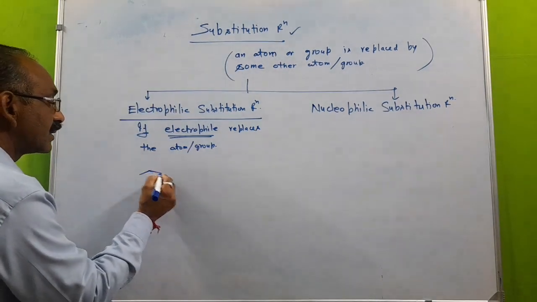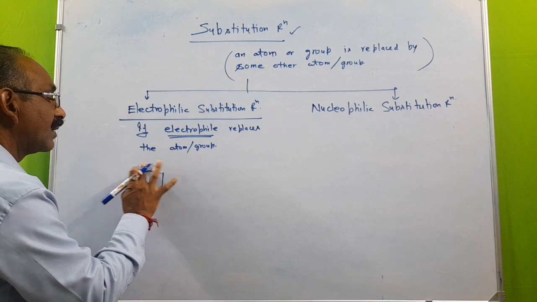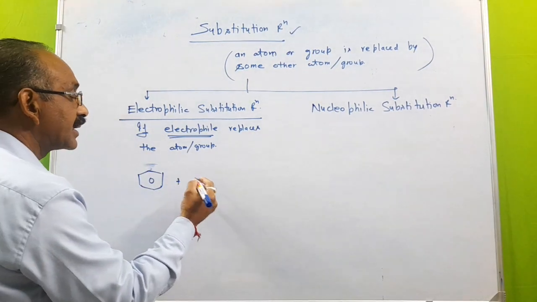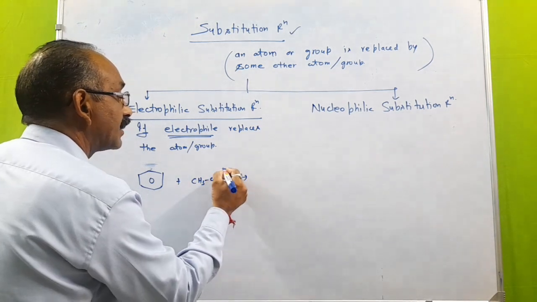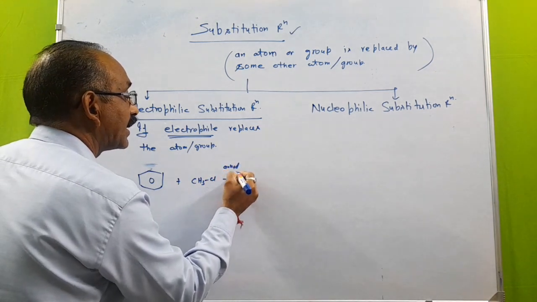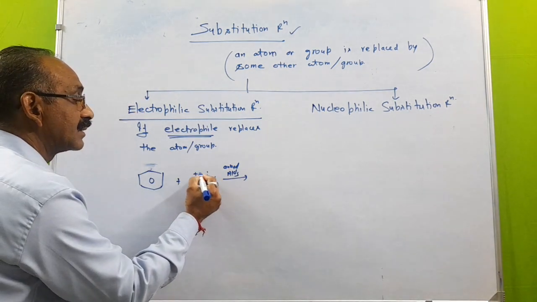See, here there's the benzene ring, and when it is treated with the CH3Cl in presence of anhydrous AlCl3, see here what happens.